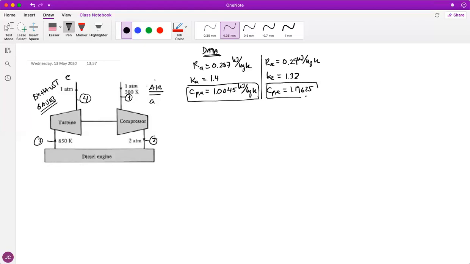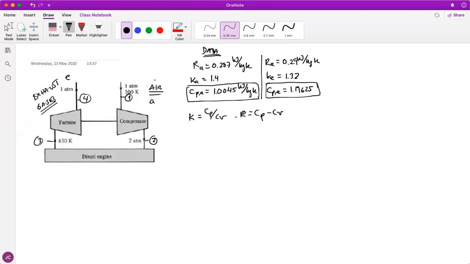I got this from the information that I have. I can remember that K is equal to Cp divided by Cv, for any ideal gas, actually for a perfect gas. And also Cp minus Cv equals R for an ideal gas.